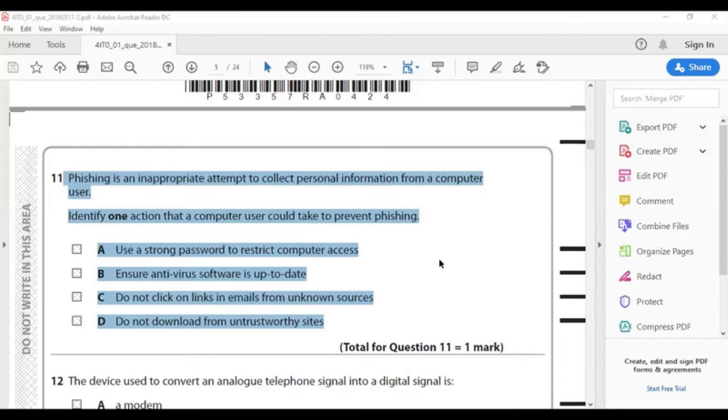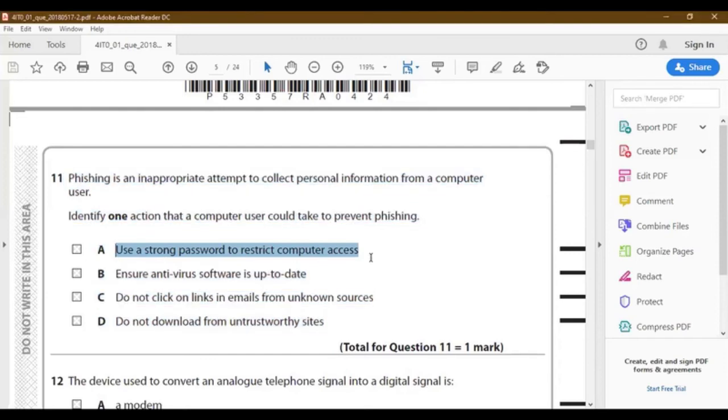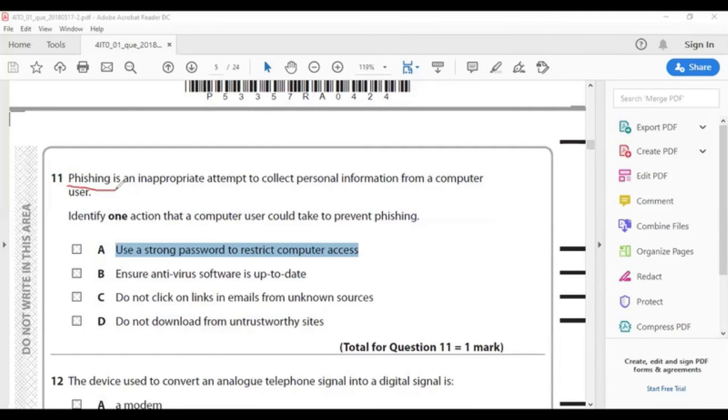So the answer is, I think, A, use a strong password. No, no, no. So then it could be C.